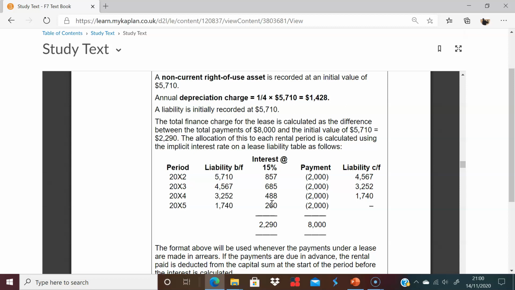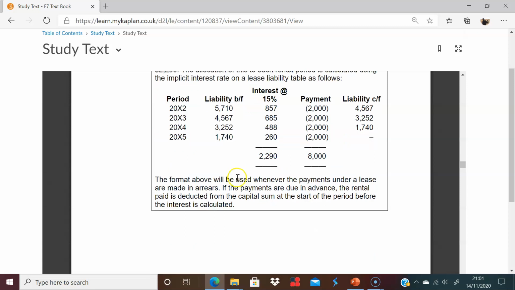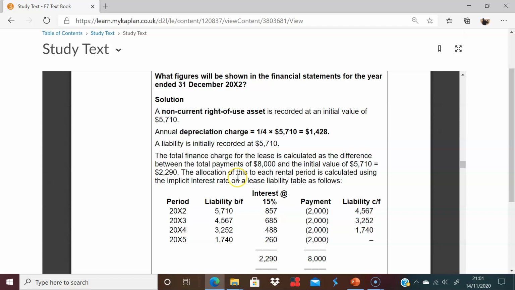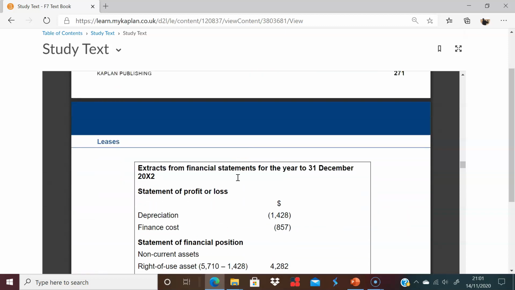It's the liability one that needs that tabular fashion. So there we are, 5710, add on interest, take off 2 grand, carry down. Do the same thing again, 4566, do the interest, take off 2 grand, and you keep going, and you will see that that interest is really the difference between the 5710 and the 8 grand. And this is a standard way of looking at this, isn't it?